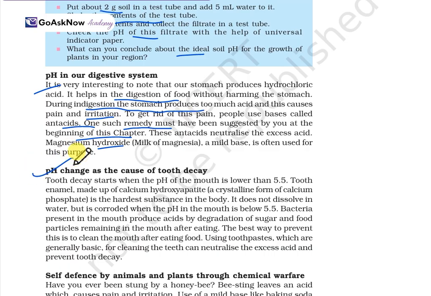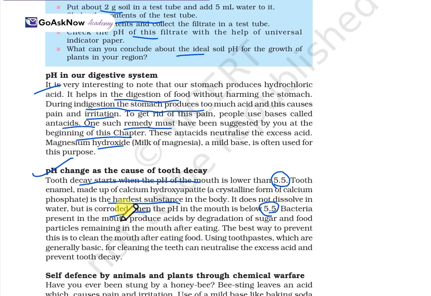Now pH is the cause of tooth decay. Tooth decay starts when the pH of the mouth is lower than 5.5. Tooth enamel is made up of calcium hydroxyapatite, a crystalline form of calcium phosphate, the hardest substance in the body. It does not dissolve in water but is corroded when the pH in the mouth falls below 5.5.